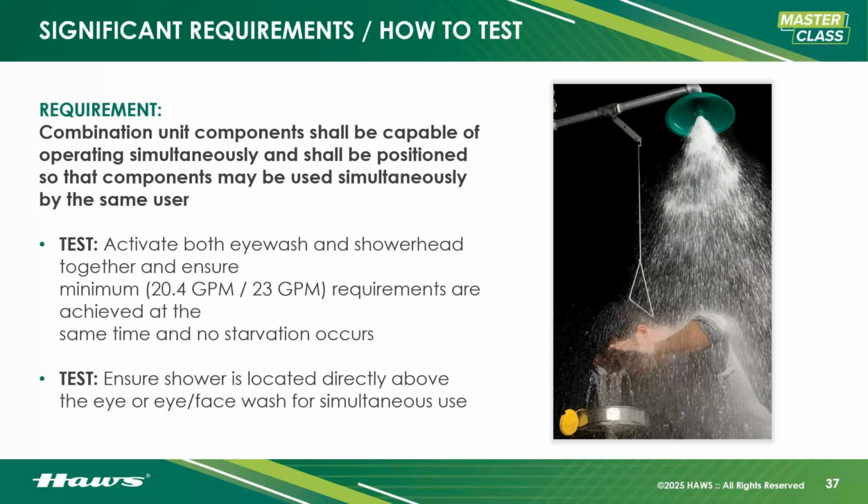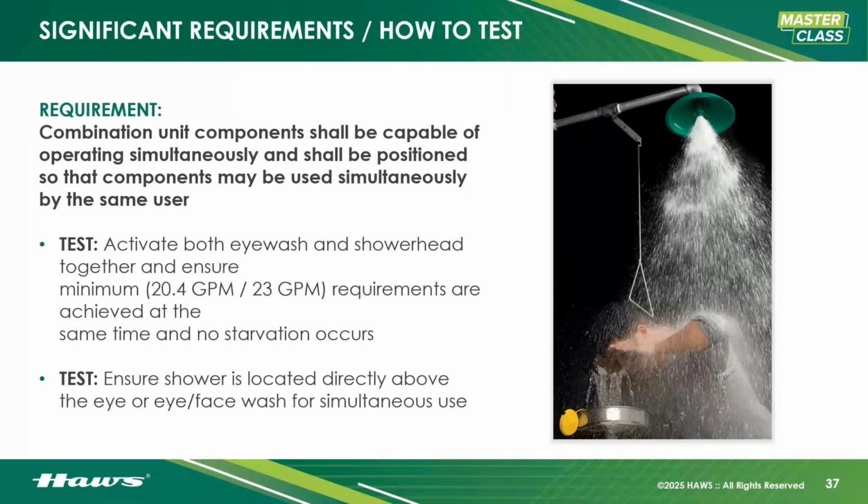This is the starvation that I was talking about. They have to be capable of operating simultaneously. The shower is the path of least resistance for that water, right? 20 plus GPM coming out of that head. It can and will starve the eye wash or eye face wash if there is not enough water supplied to it, or if you have insufficient supply lines.